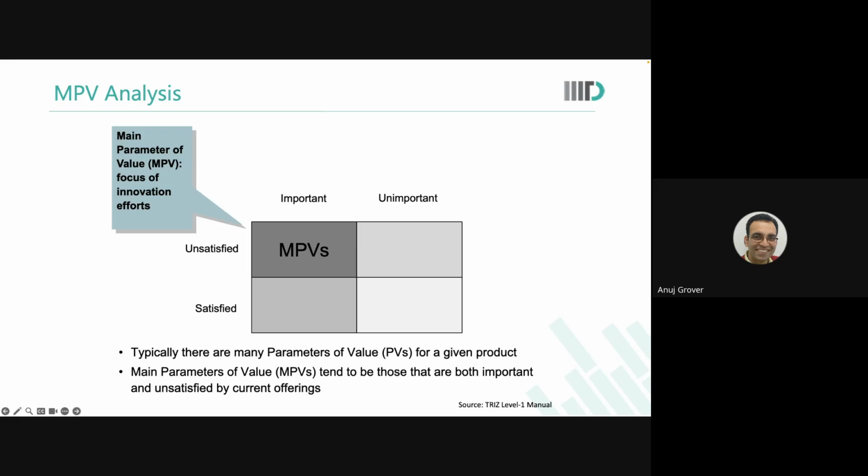If we work on latent parameters of value, what happens? If we work on latent parameters of value and offer them, there is some ego. Is it okay now? Am I audible? Yeah. Okay. I will speak louder.